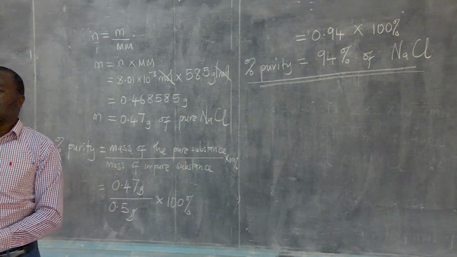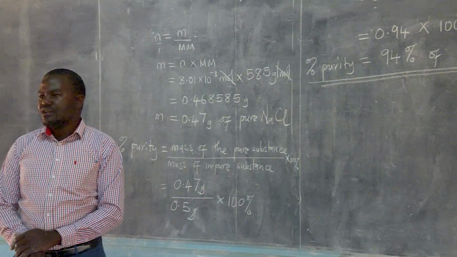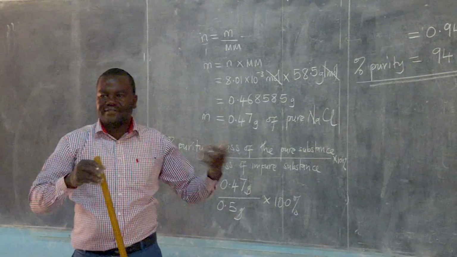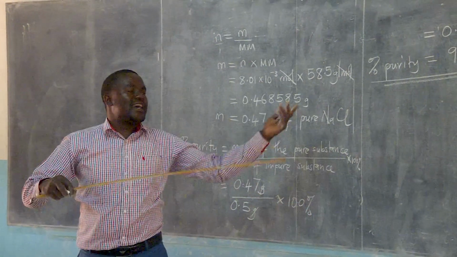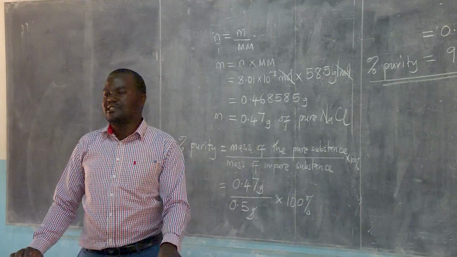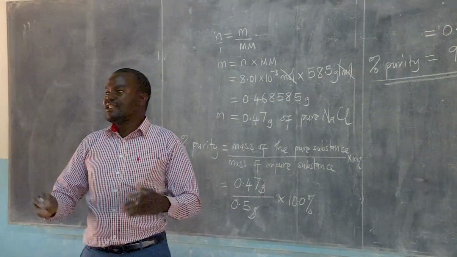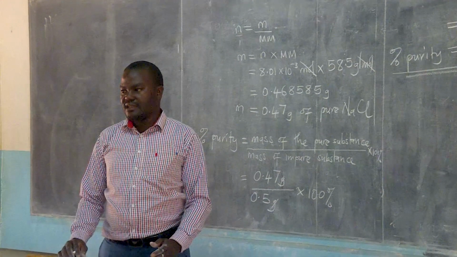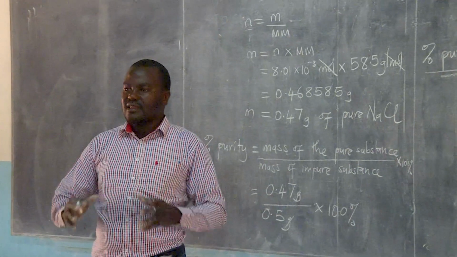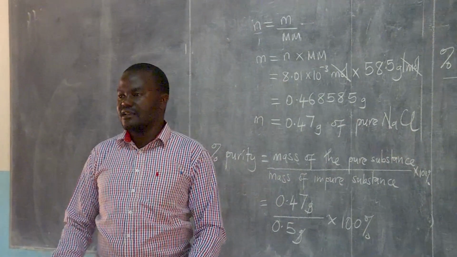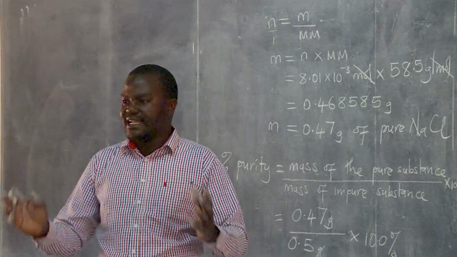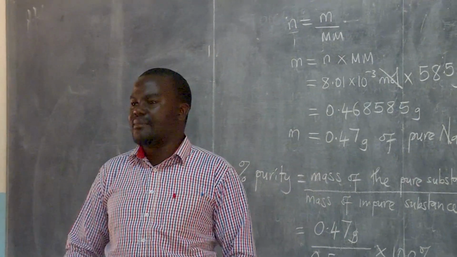Some people might be wondering what is the importance of us finding the percentage purity. Percentage purity is very important to those who are into mining. If you want to set up a mine, you can't just start mining.